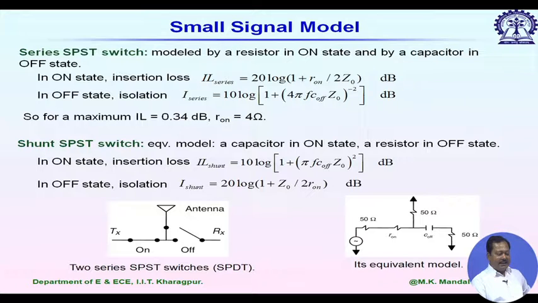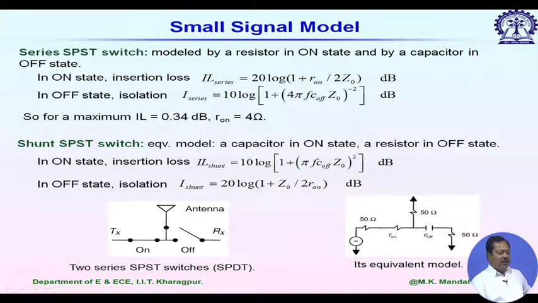That means, in this case the left hand side would be connected to the right hand side, and we call the switch on, but the diode is off, and S21 or insertion loss in shunt, IL shunt, is equal to 10 log of 1 plus (pi f C Z0) whole to the square in dB, and in off state, isolation I shunt is 20 log of 1 plus Z0 by twice R on.